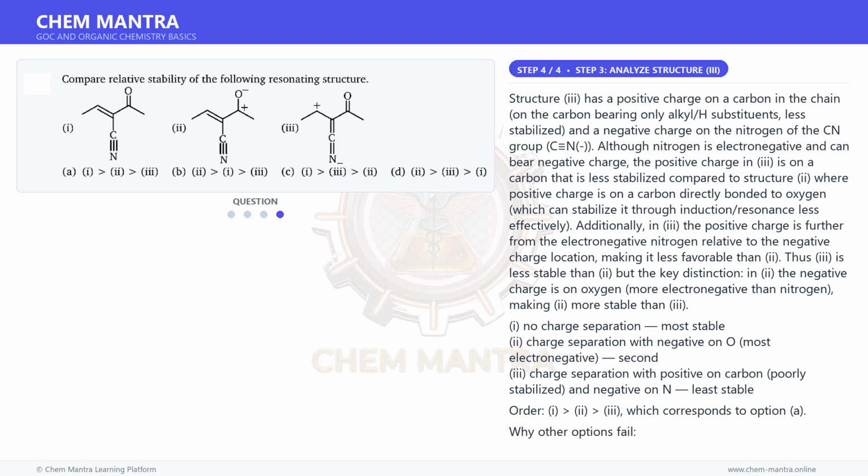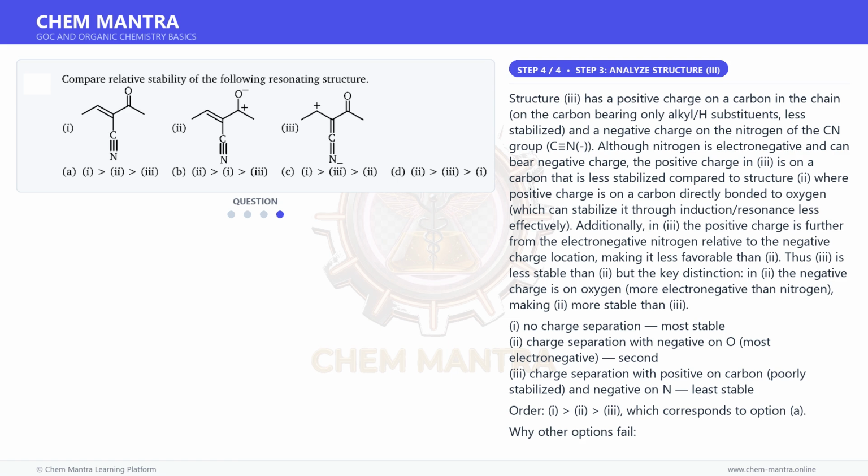And for the final step, structure 3 has a positive charge on a carbon in the chain, on the carbon bearing only alkyl H substituents, less stabilized, and a negative charge on the nitrogen of the CN group, CN−. Although nitrogen is electronegative and can bear negative charge, the positive charge in 3 is on a carbon that is less stabilized compared to structure 2, where positive charge is on a carbon directly bonded to oxygen, which can stabilize it through induction and resonance.